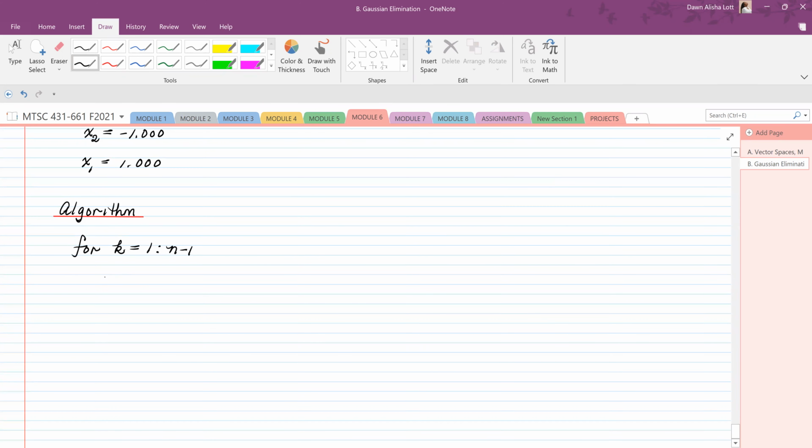We're going to let ck be the max over all the i, k less than or equal to i up to n, of the absolute value of a_ik at the kth point at step k.